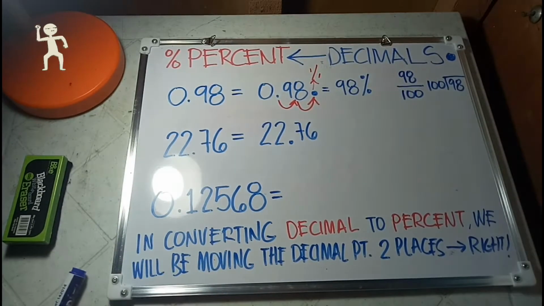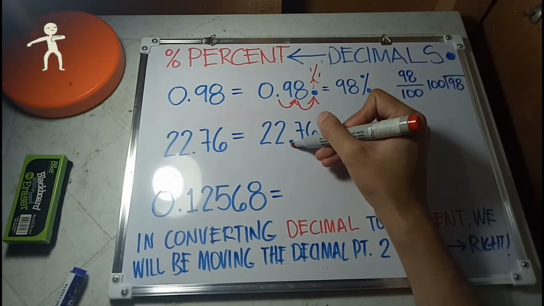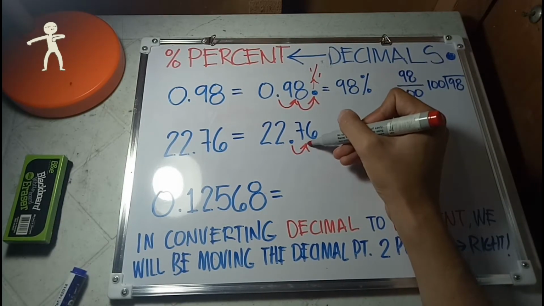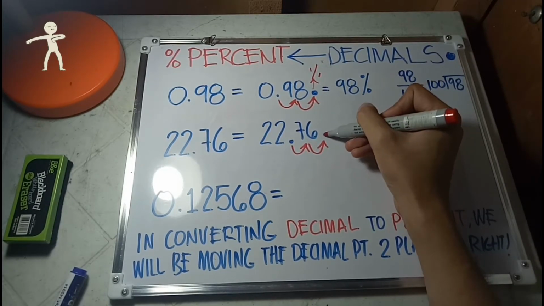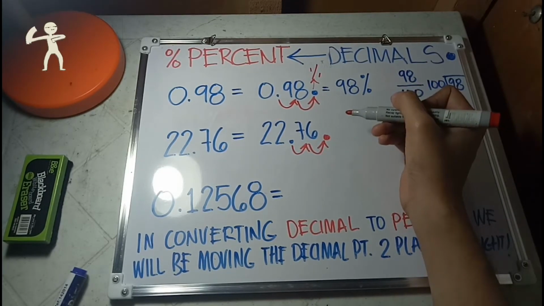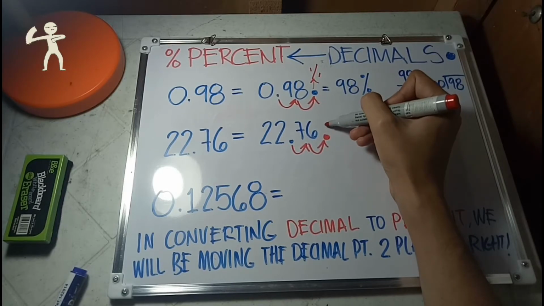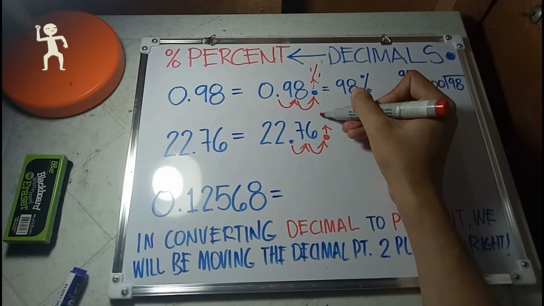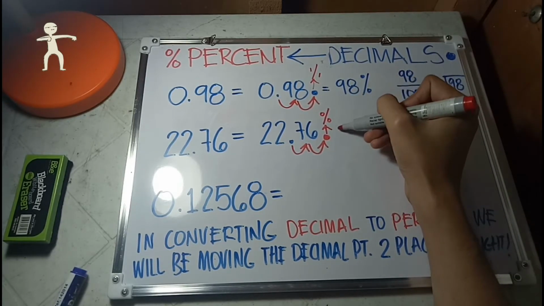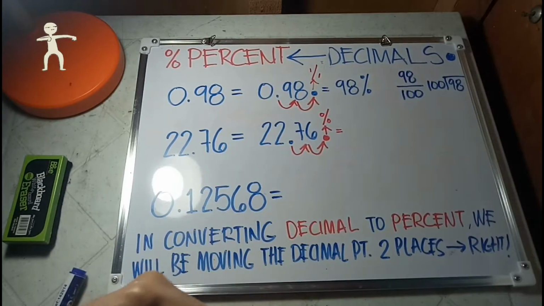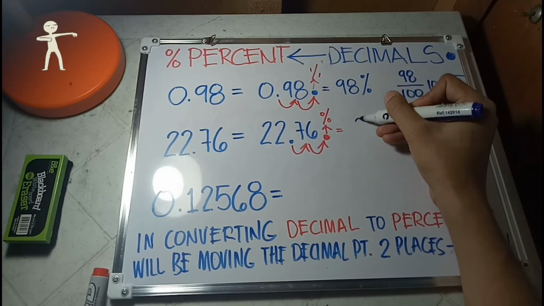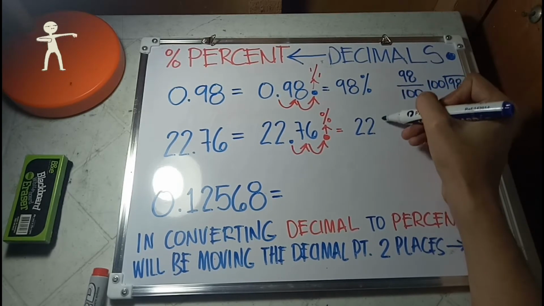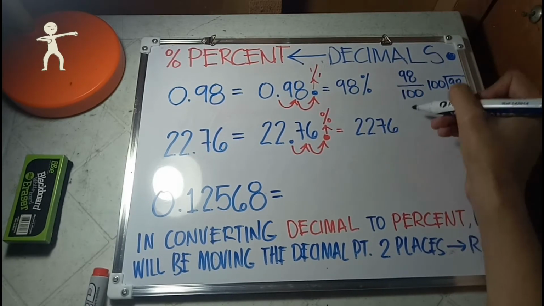We will be moving the decimal point 2 places to the right. Then having the decimal point place, we will be converting it to a percent sign. So the answer would be 2,276%.